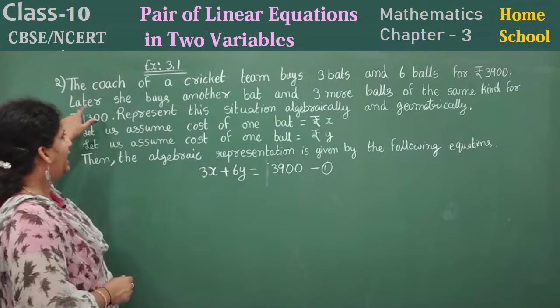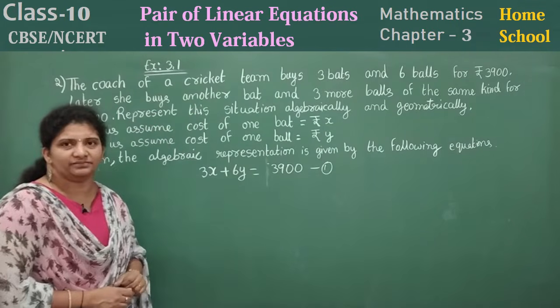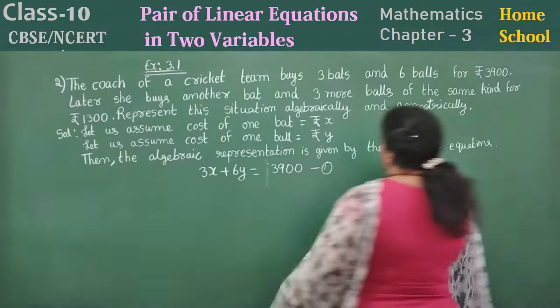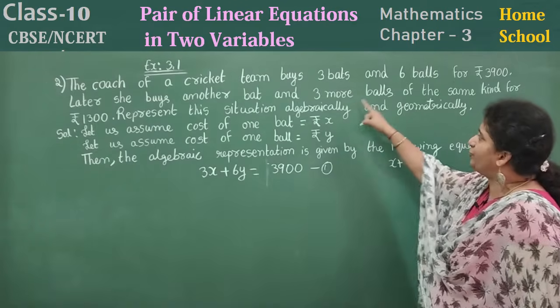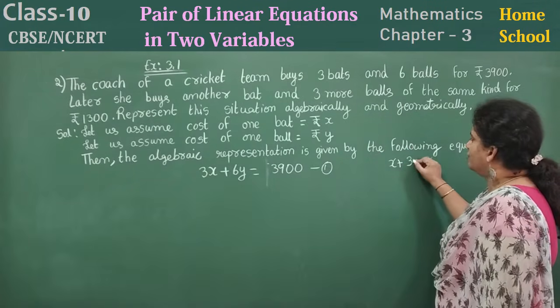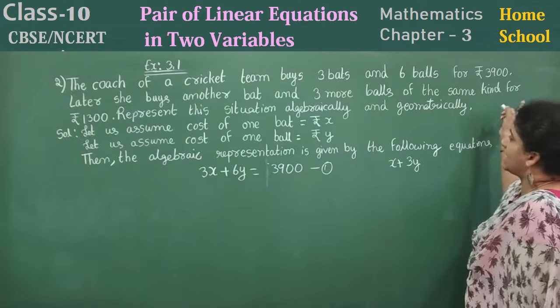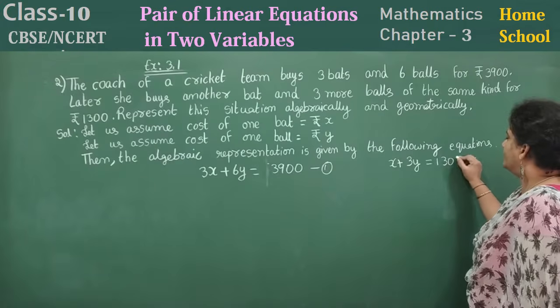Second point. Later, she buys another bat. Bat means what, children? X. And 3 more balls. 3 more balls means 3y. Of the same kind for rupees 1,300.